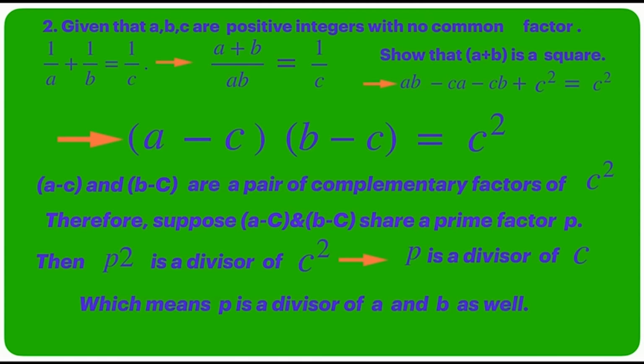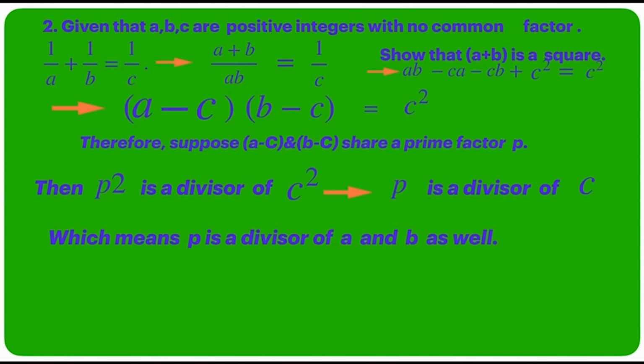So what happened is that p is a divisor of c as well as b and a. But consider the given question, which makes this impossible, because the given question stated that a, b, c are positive integers with no common factor.